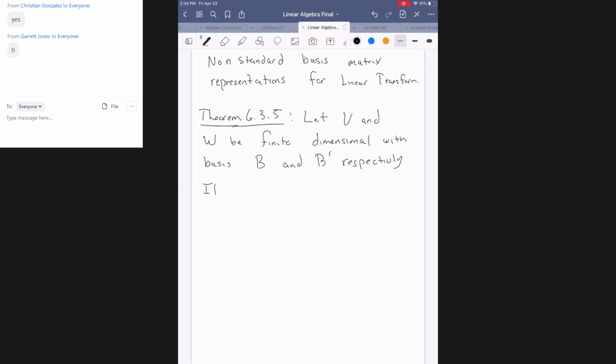If T is a linear transformation from, say, V to W, and let's say B is equal to V1 to Vn.